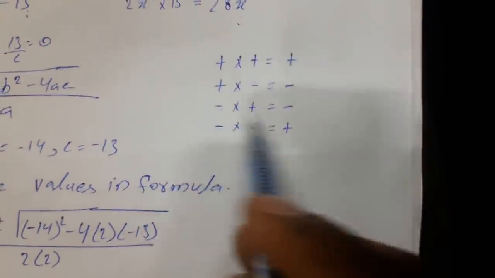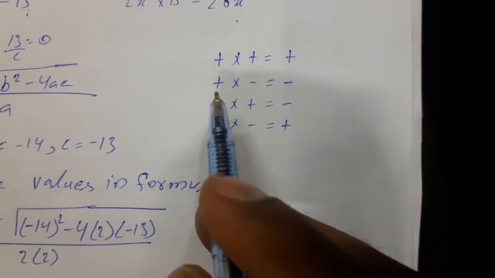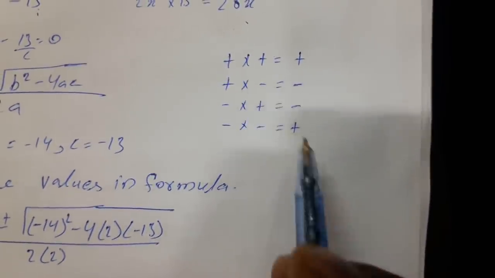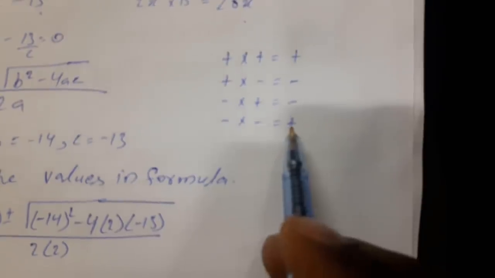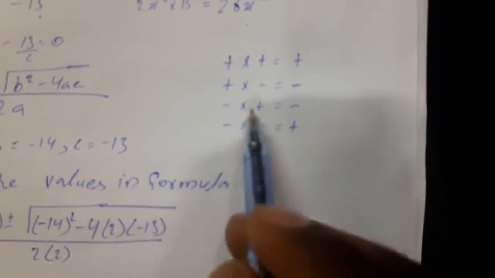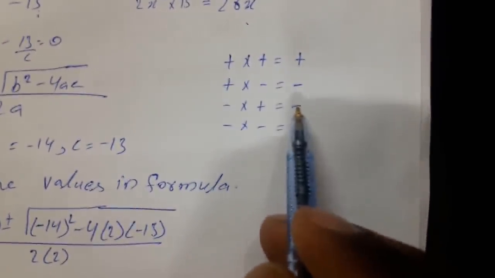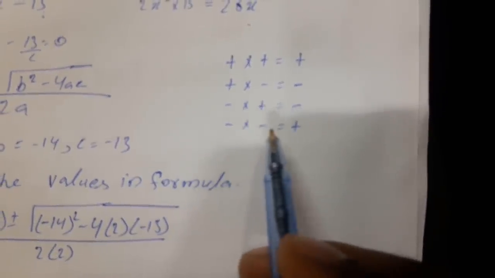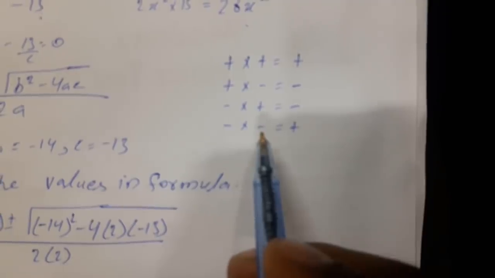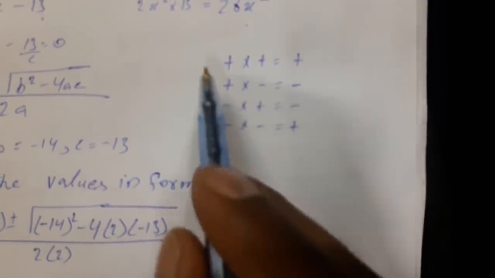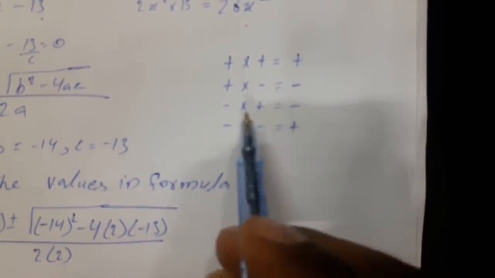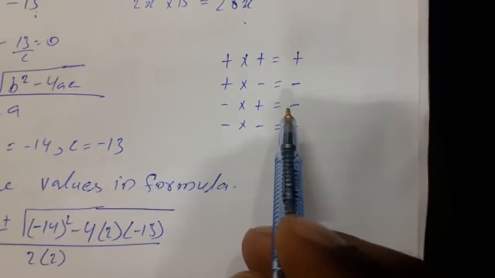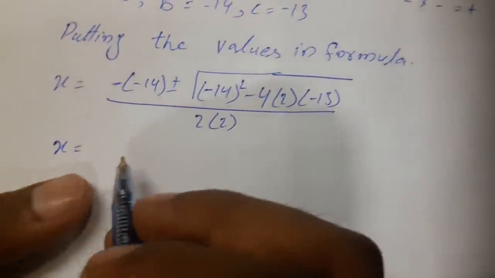So what is common here? When the same signs multiply each other, the answer is plus. If different signs multiply each other, the answer will be minus. This is the simple logic.